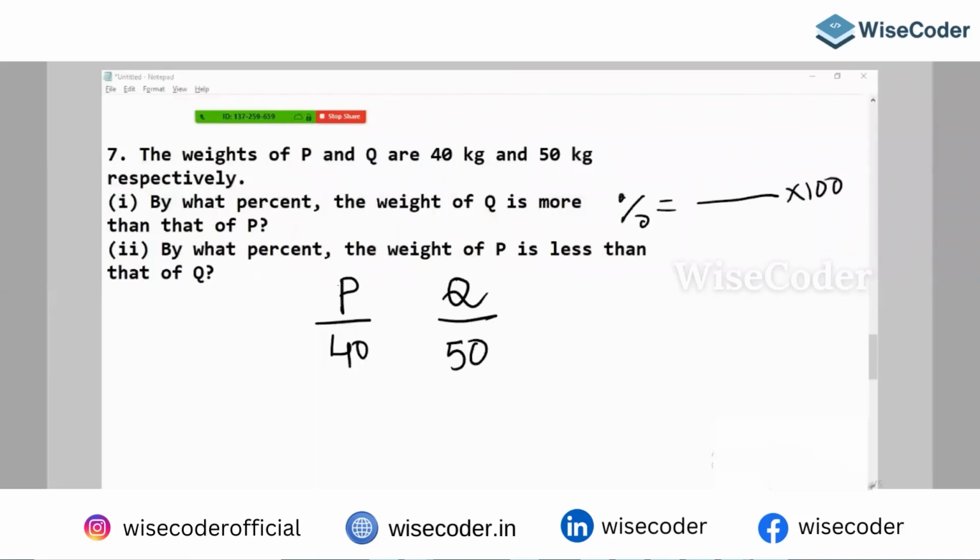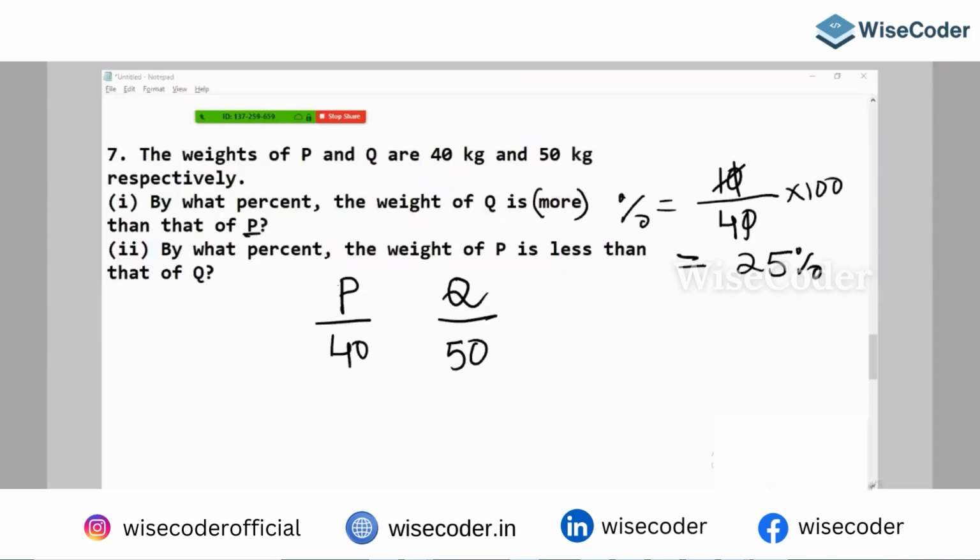What will come in the denominator? Than that of P, so P will come in the denominator. The value of P is 40. He is comparing more, so the difference, 10 more. So 1 by 4, the zeros get cancelled. 1 by 4 means 25%.